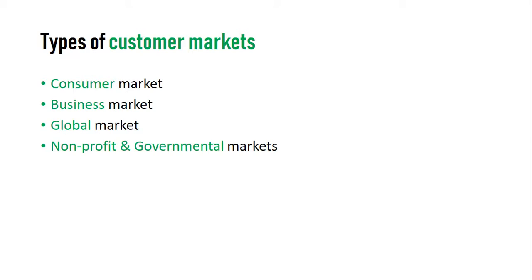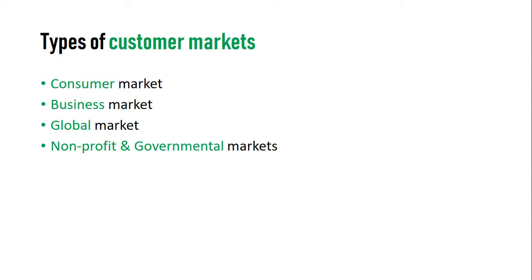So in the global market, we need to identify what kind of products and services they want, we need to set the price accordingly, and the communication is also different. So that is the global market, and there are many multinational companies in the global market, and they are doing very well.